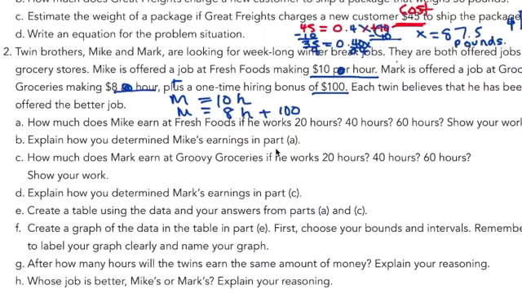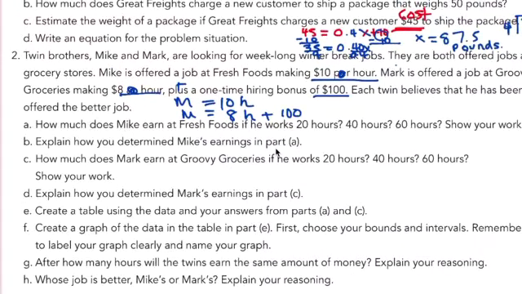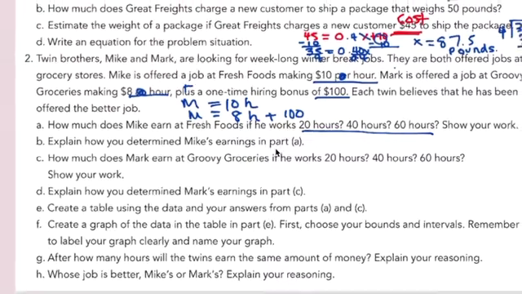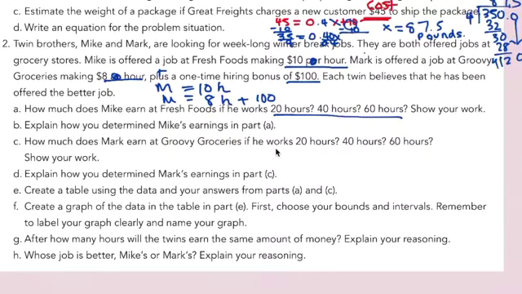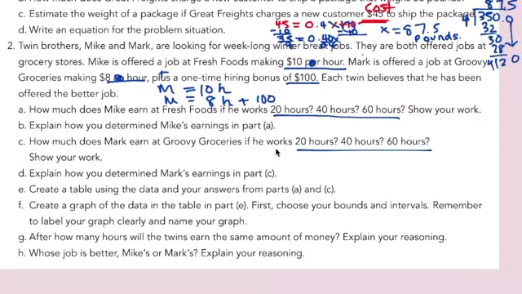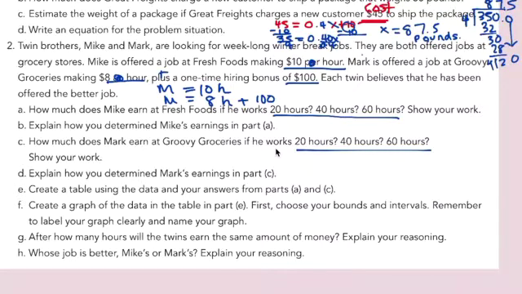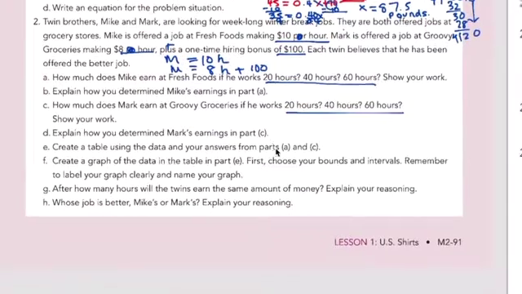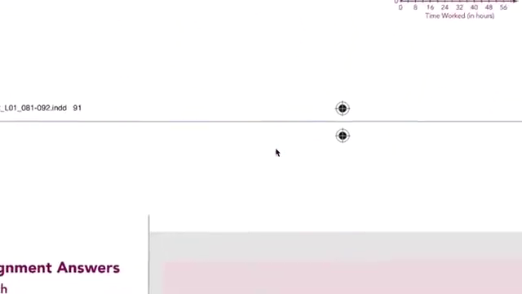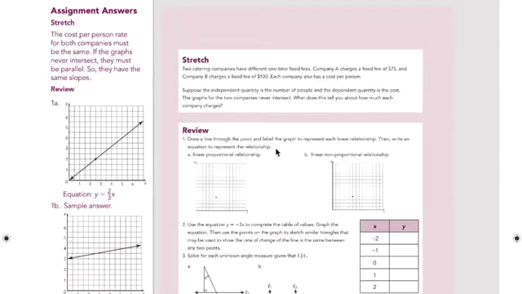So do these questions on how much they earn, how much Mike earns, how much Mark earns for C, and answer those questions on the rest. If you have questions, see me after class. This is important. It's going to be on your quiz or test.